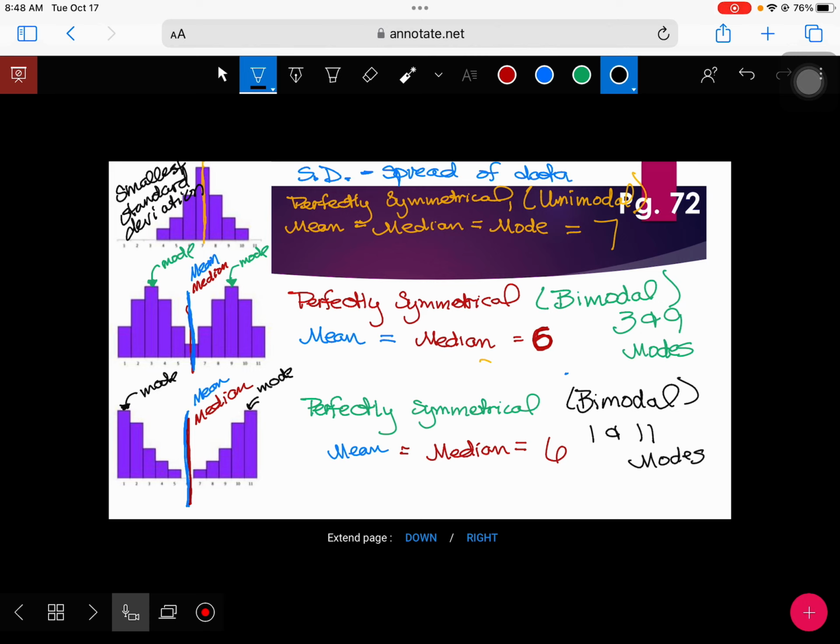So this one down here has the greatest standard deviation. So how spread out is your data? Questions on that? Oh my gosh, what time is it?